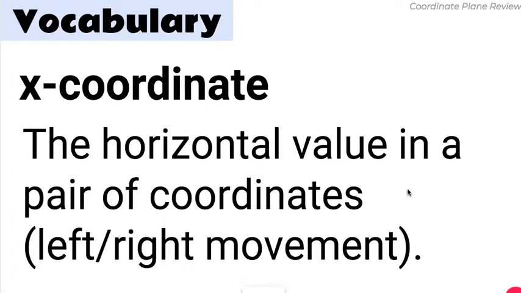It's our first value. So it's the first value in your ordered pair. It's the x. It's how you move horizontally, left and right.